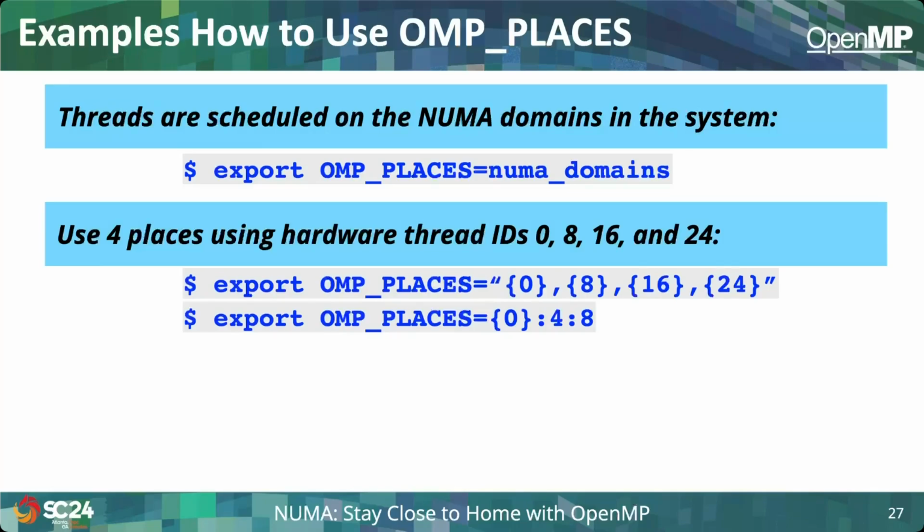Or I could say, well, I want to use 4 places and I specifically want you to run on certain hardware thread IDs as shown here. And you have 2 ways of doing it. You can use the individual numbers, but again, that list gets very long. It's easy to make a mistake. So the compact notation is preferred. It's easier to read and less error prone in a way.